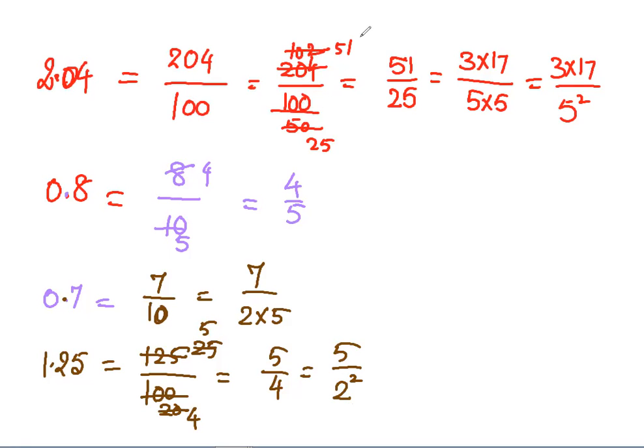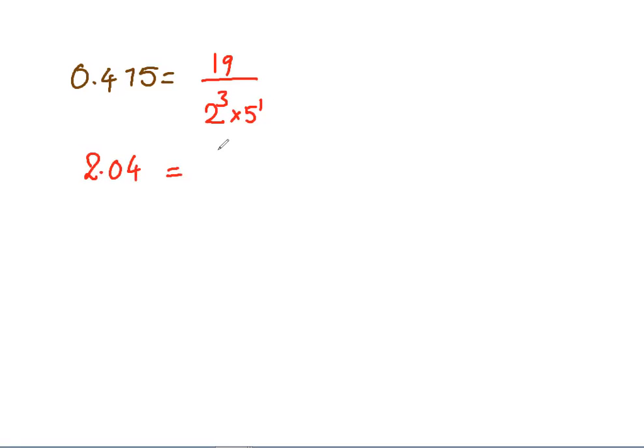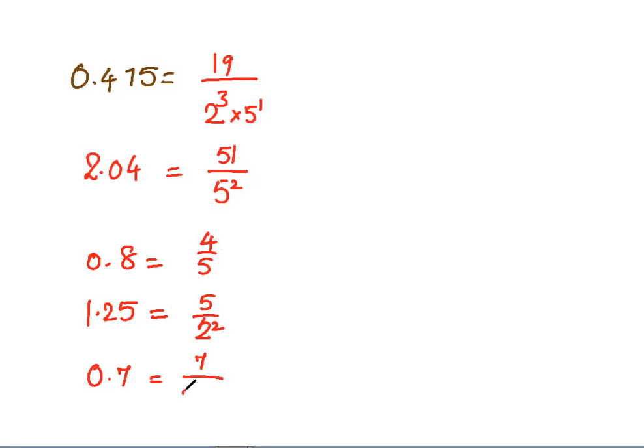Let us write them one by one clearly. 0.475 can be written as 19 by 2 power 3 into 5 power 1, and 2.04 can be written as 51 by 5 square, and 0.8 can be written as 4 by 5. 1.25 can be written as 5 by 2 power 2. 0.7 can be written as 7 by 2 into 5.